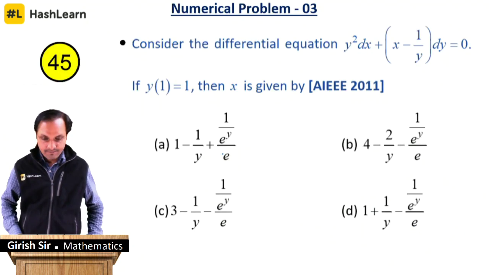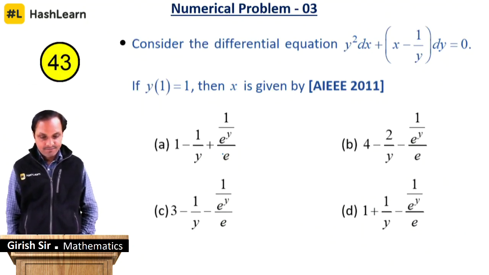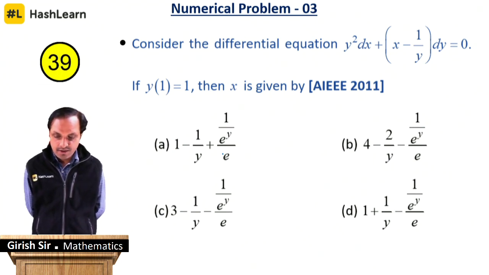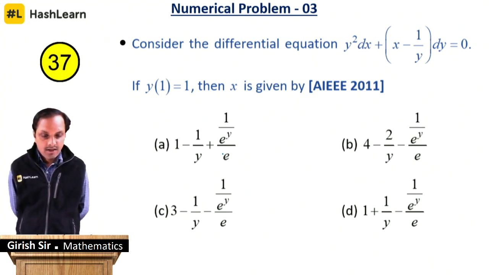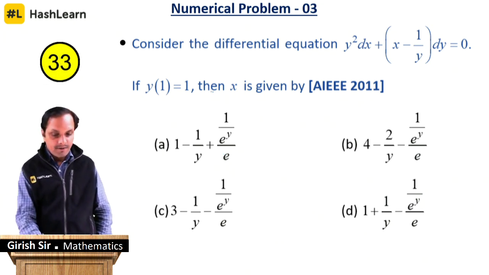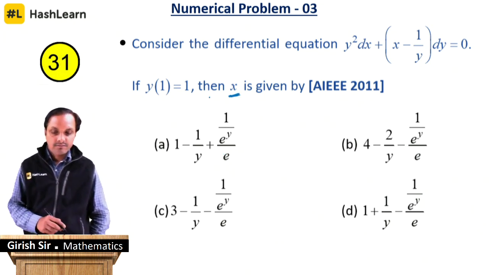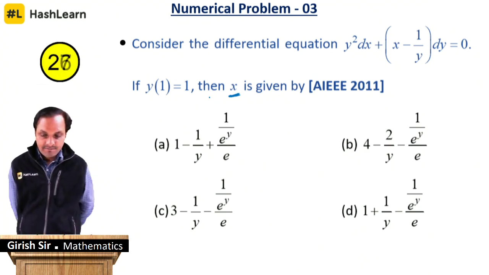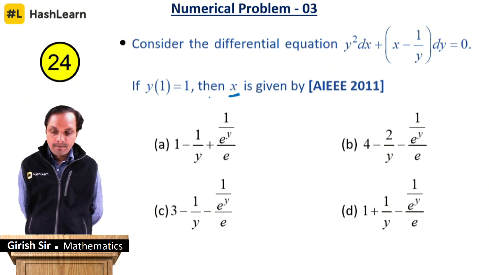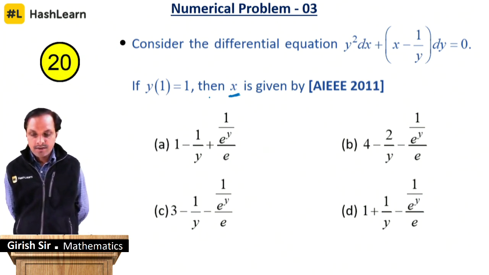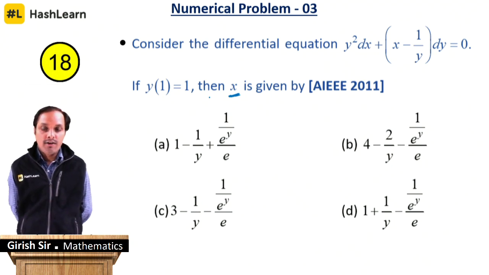So here is the problem. Numerical 3. Very important. This is also an AEEE question 2011. You need to find the x. What is x? You need to find x. Y square into dx plus x minus 1 by y of dy.